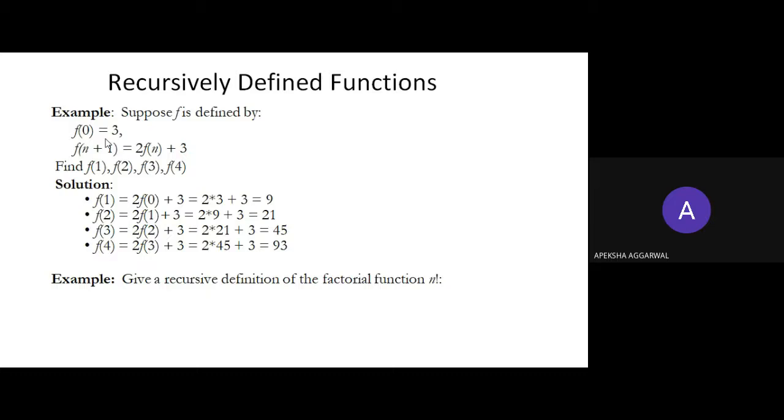Now, what is the recursive definition of the factorial function, n factorial? The basis step would be factorial of 0, which is 1. The recursive step: how will you calculate factorial of 1?